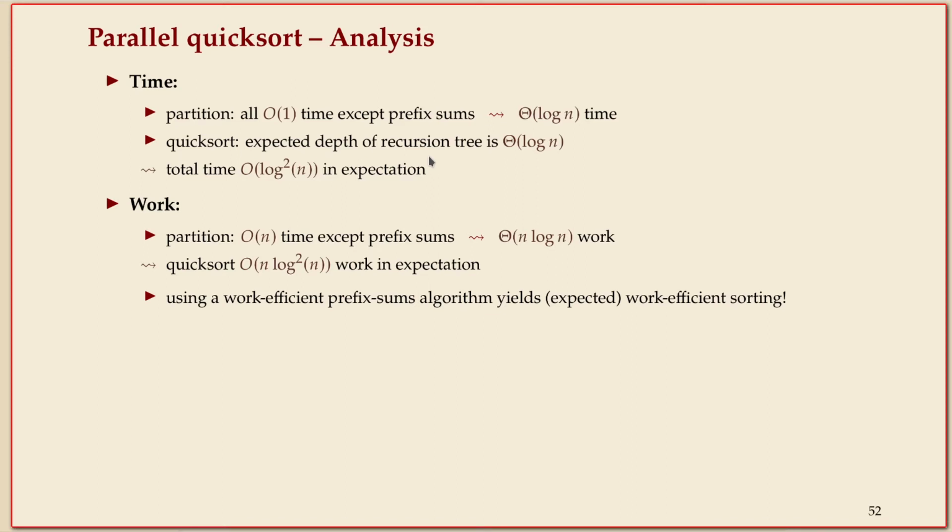Then that's for one partitioning step, but we also have to have the recursion somehow taken into account. And remember, we have to finish the partitioning step before we can recurse. So there is a data dependency between those. The depth in the recursion of quicksort can be bad. We know the worst case is quadratic and all this sad story, but the expected depth, the typical depth, is logarithmic.